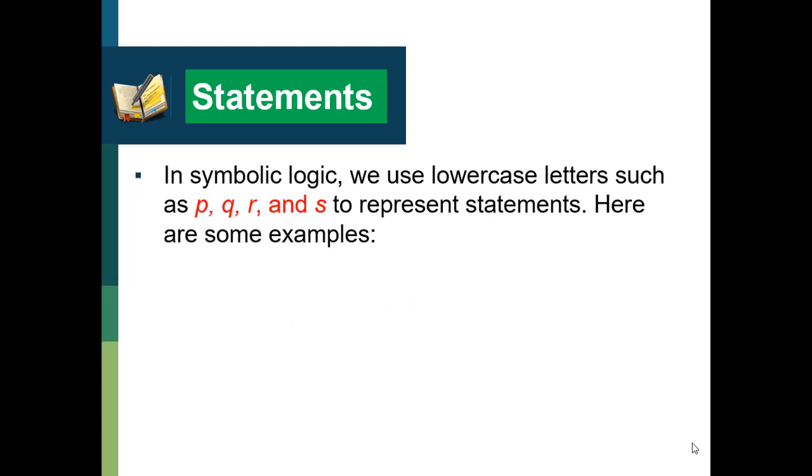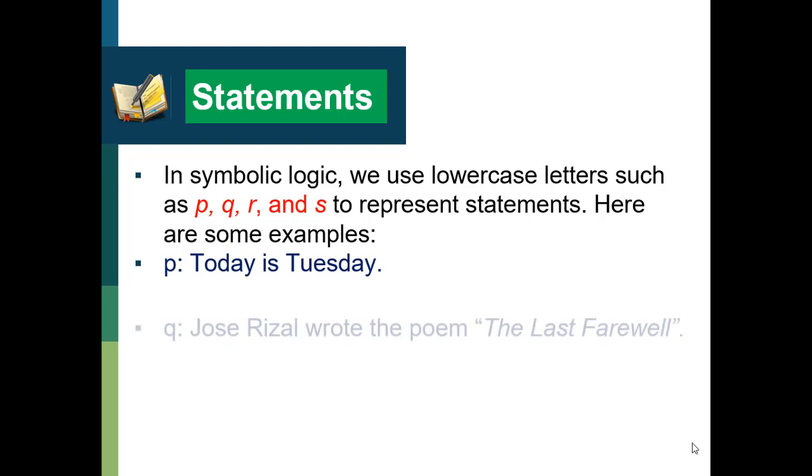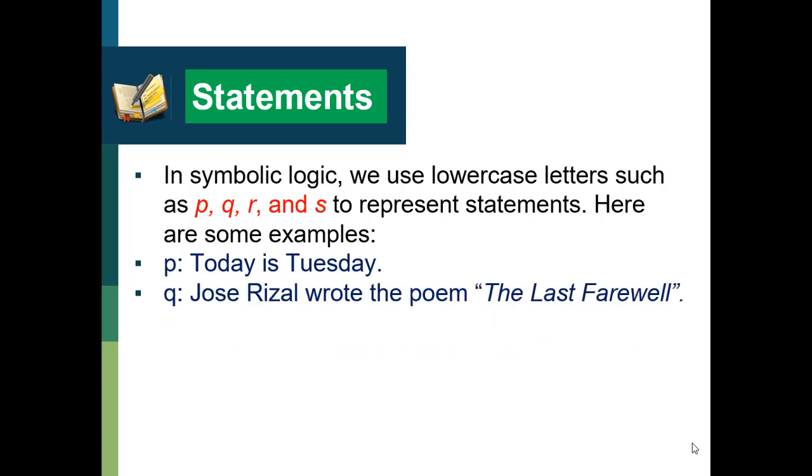Alright. In symbolic logic, we use lowercase letters such as P, Q, R, and S to represent statements. Here are some examples. Let P represent today is Tuesday. Let Q represent Jose Rizal wrote the poem The Last Farewell. And let R represent 5 plus 7 is equal to 12.